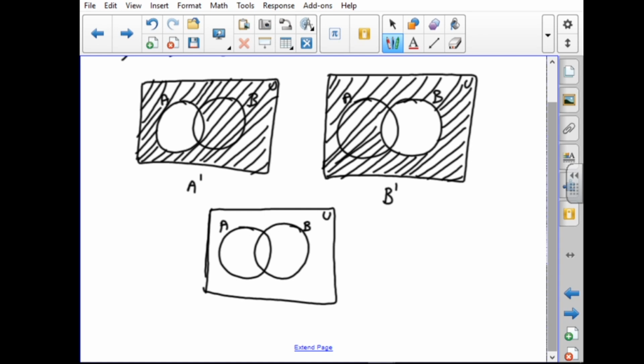So the remaining part, except that, this is your A dash union B dash.